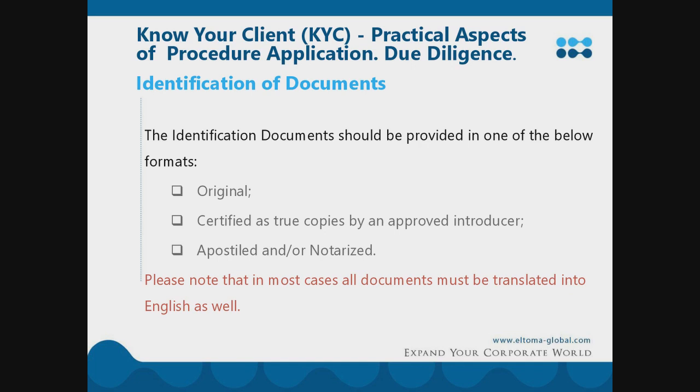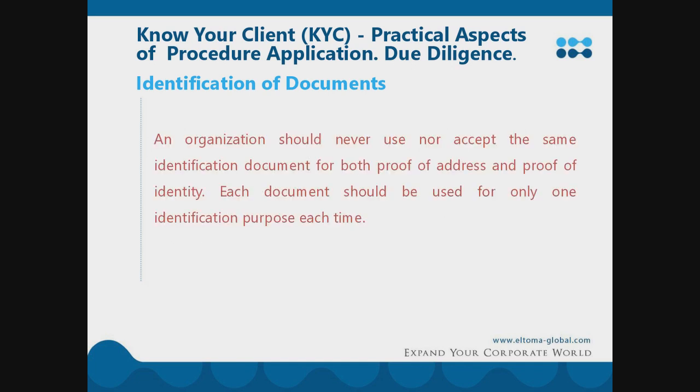Please note that usually in most cases, all such documents must be translated into English or into the language of the country where your company is operating. Please note that you should never accept the same identification document for both proof of address and proof of identity. Each document should be used for only one identification purpose.